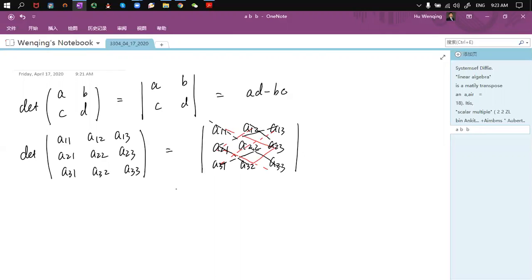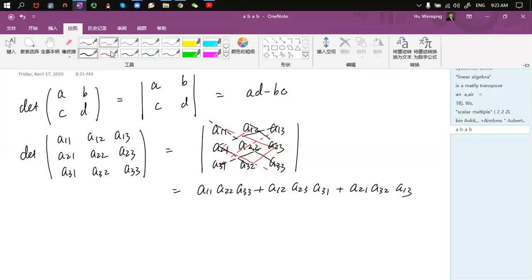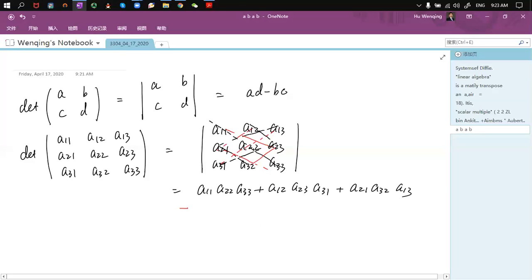So the determinant should be equal to A11, A22, A33, plus A12, A23, and A31, plus A21, A32, and A13. Then the minus signs are given by the off-diagonal terms.